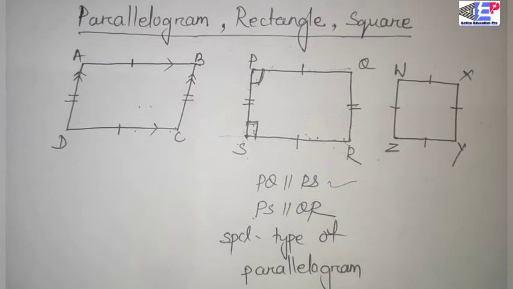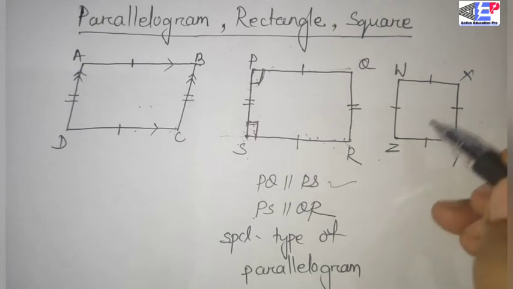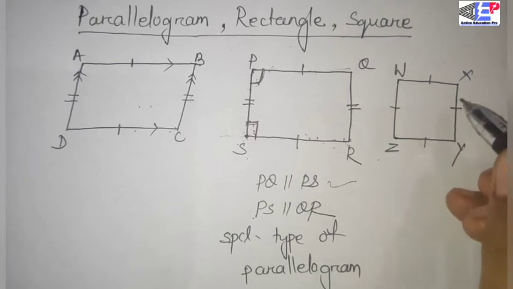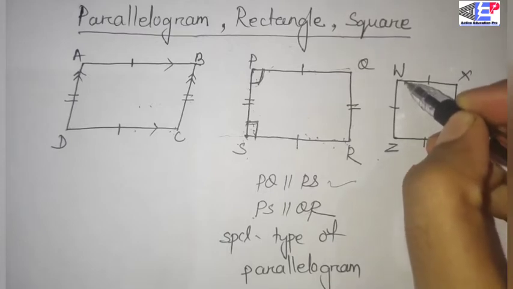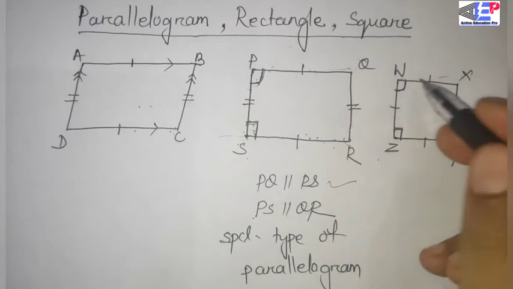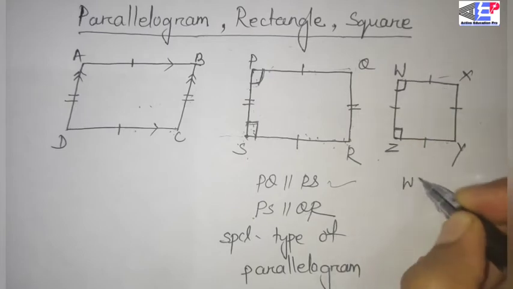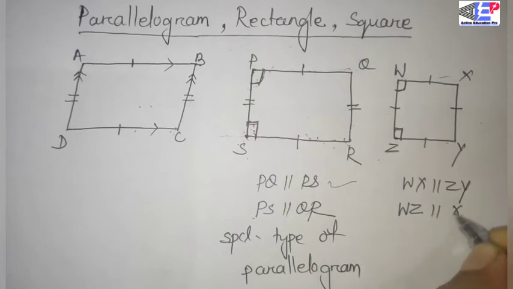The next picture is the square. In a square, we know very well all the sides are the same, and of course each angle is 90 degrees. So we can prove that WX is parallel to ZY and WZ is parallel to XY, similar to the rectangle PQRS.